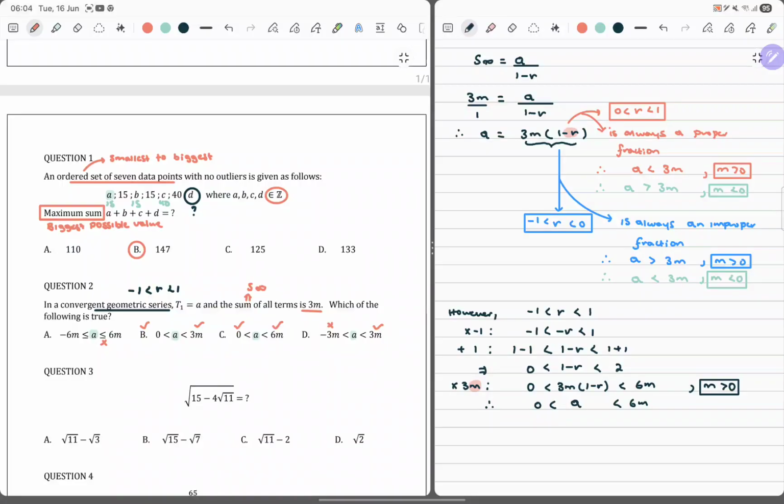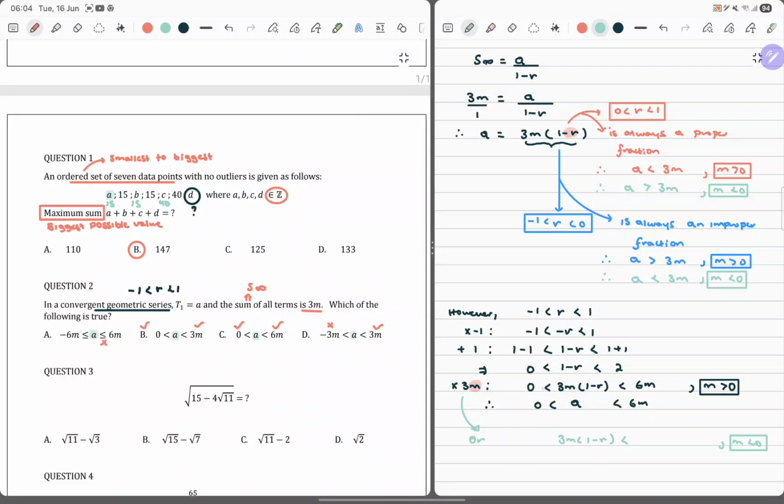But now what happens when m is less than 0? Now, dragging from this, we would know that 3m into 1 minus r must be less than, technically, if we say m is negative, what would this be?